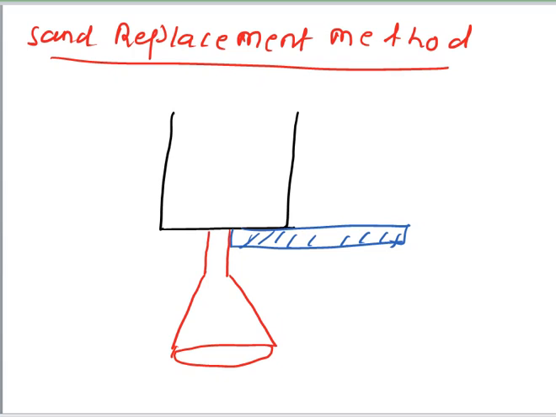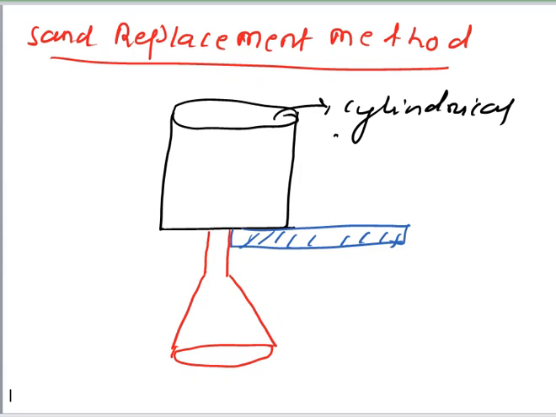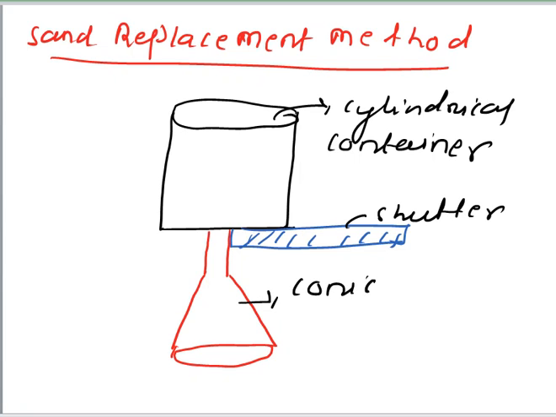This is the equipment which we will be using here. So this is the cylindrical container, this is the shutter, and this is the conical pouring cone.